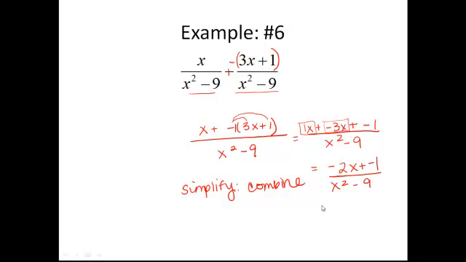Here is where you do want to simplify if you can, if there's any common factors on the top and the bottom. I'm going to look at the top here and say, is there any common thing between this -2x and this -1 that I can pull out? And no, I can't. There's nothing in common. If you factor tree those, you would have -1 times 2 times x is that first thing, and for -1, you would have -1 times 1.